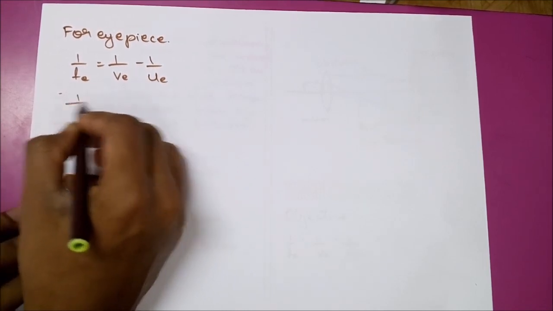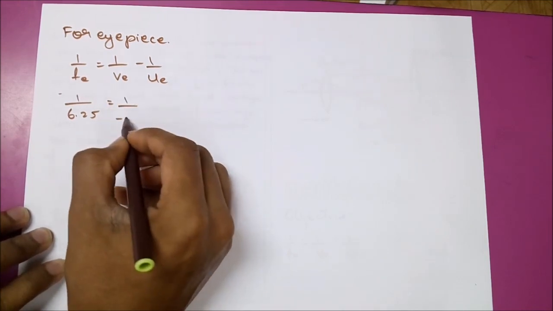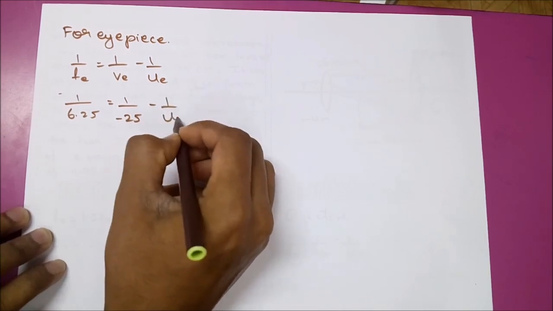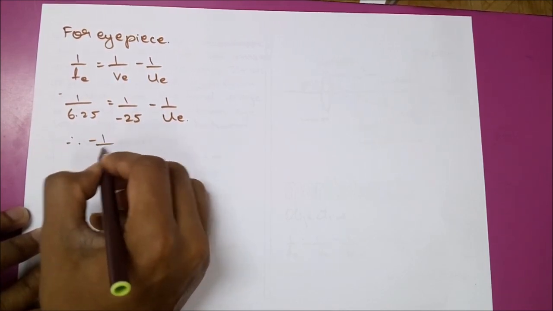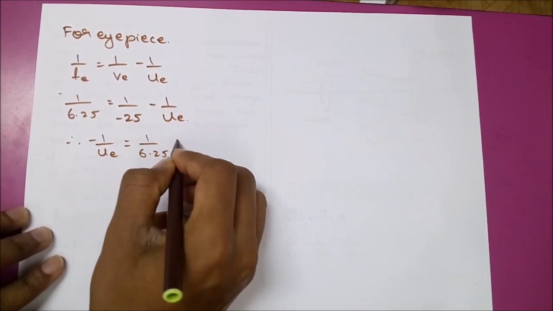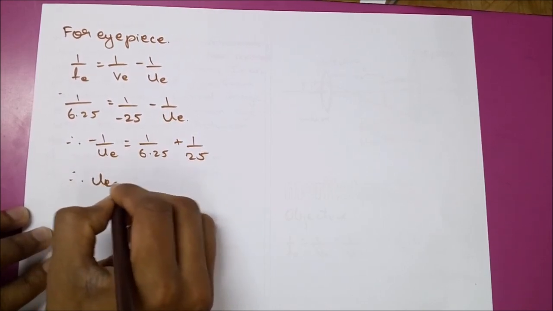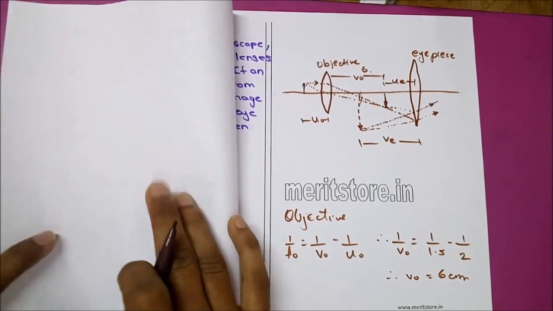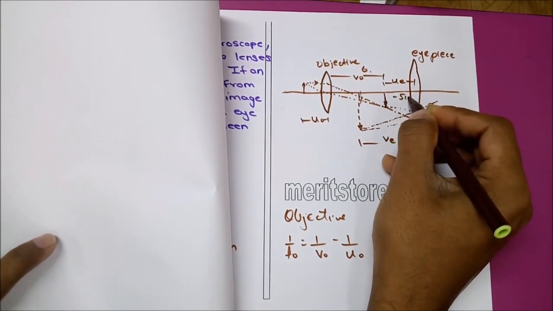Therefore, 1 upon 6.25 is equal to 1 upon ve, which is given as 25, but since it is on the left we take it as minus 25, minus 1 upon ue. Therefore, to solve this, we get minus 1 upon ue is equal to 1 upon 6.25 plus 1 upon 25. Therefore, ue we get as minus 5 centimeters. So this ue is at a distance of minus 5 centimeters.